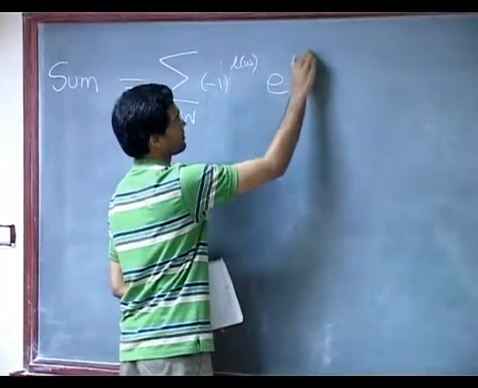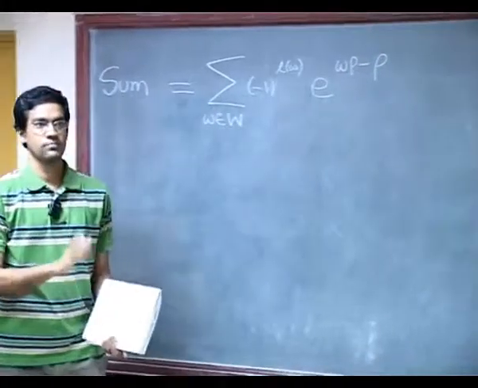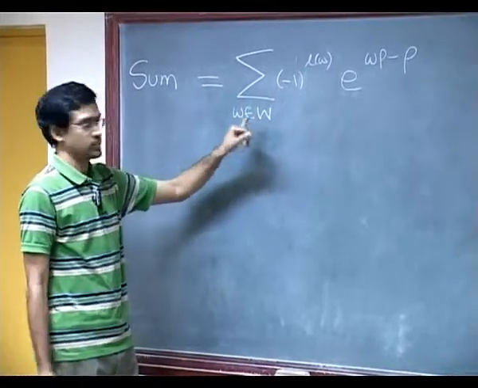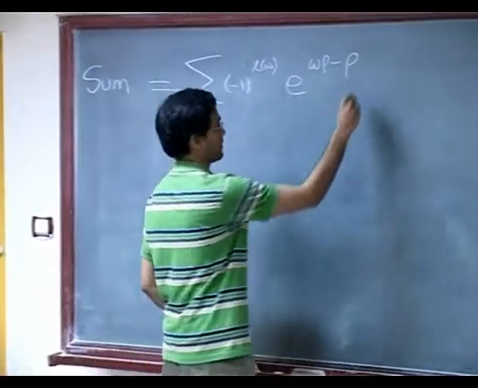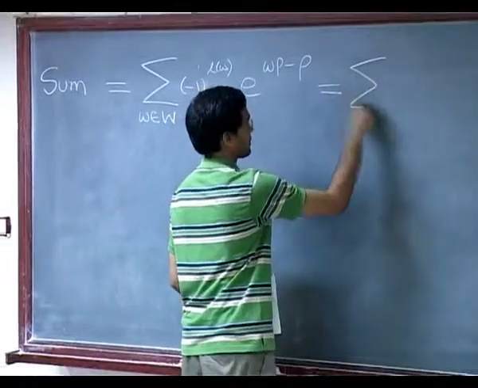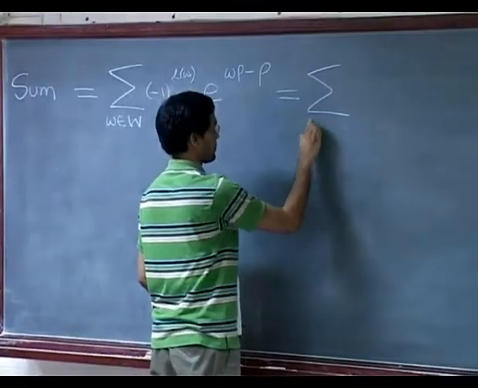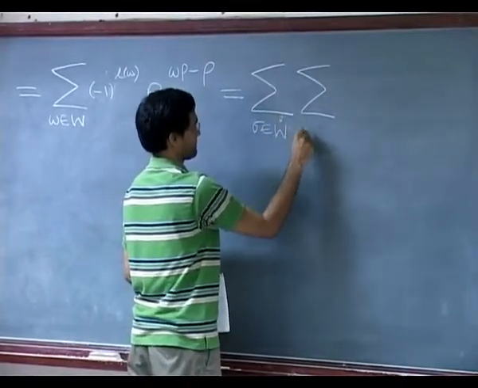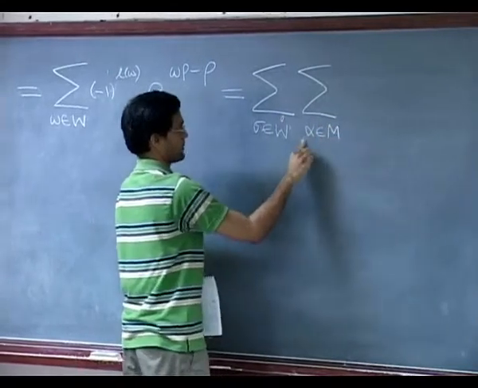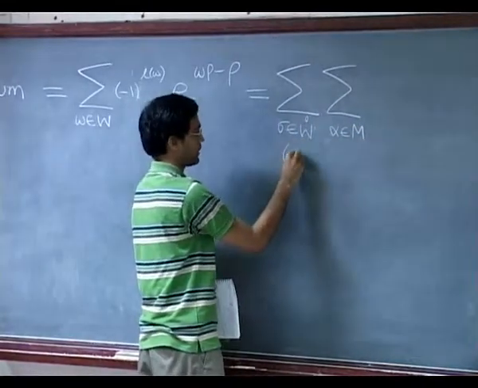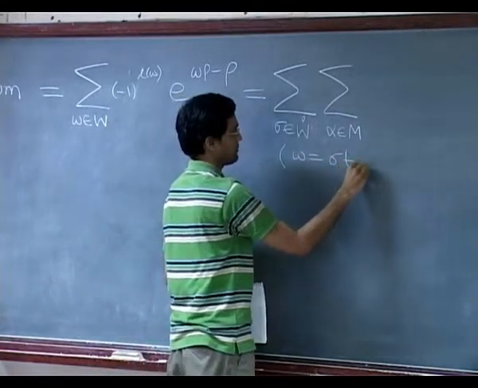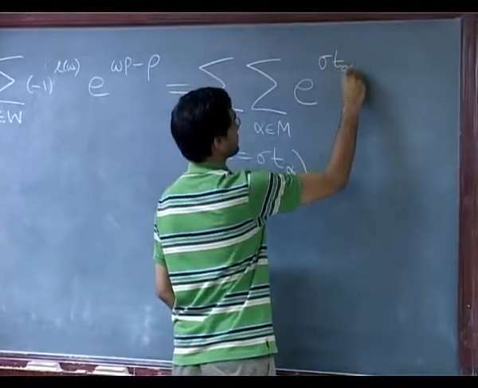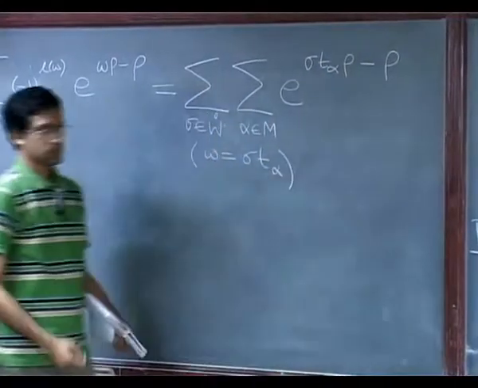Okay, and again the same thing as last time. How do we unravel this? In the case of an affine Lie algebra, we know that the Weyl group is a semi-direct product of the finite Weyl group and the translations. So you write this: this is the long root lattice, this is the finite Weyl group, and you think of W as just being sigma times the element T alpha, of e to the sigma T alpha rho minus rho.